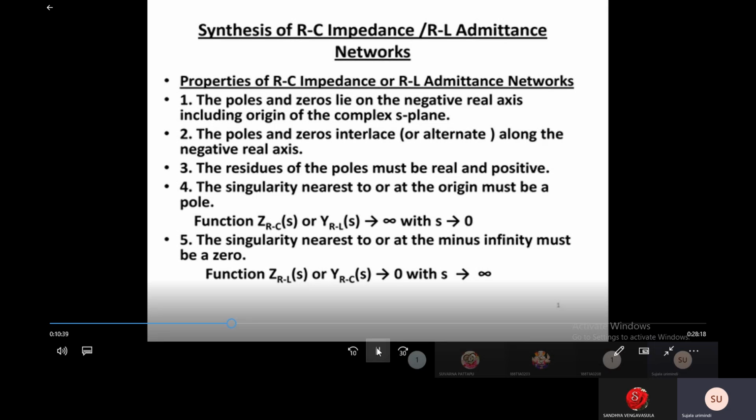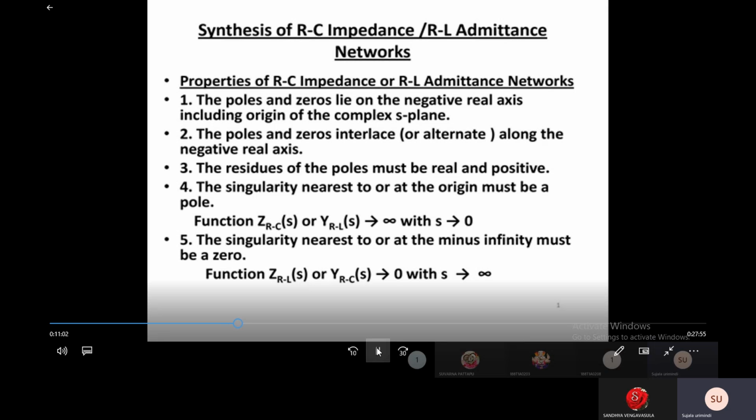Next, the singularity nearest to the origin must be a pole. Then only it will be called RC impedance or RL admittance.